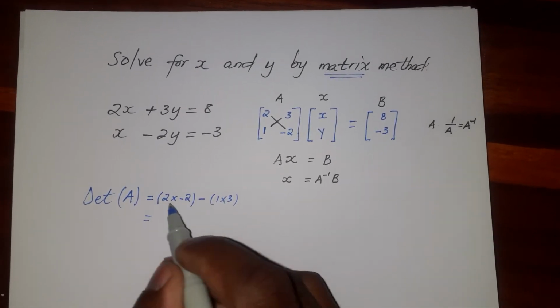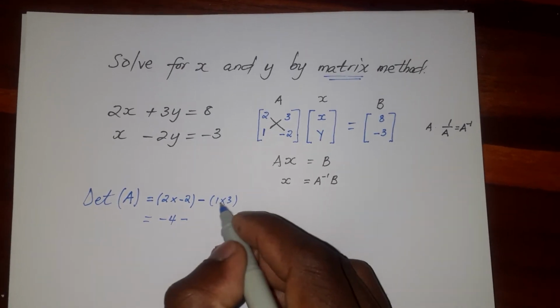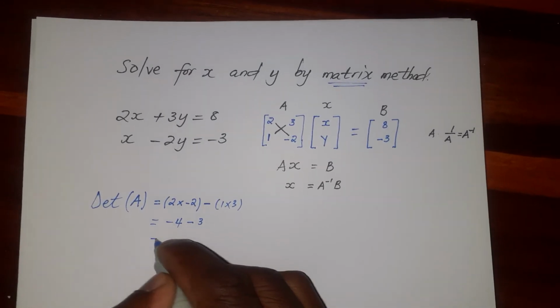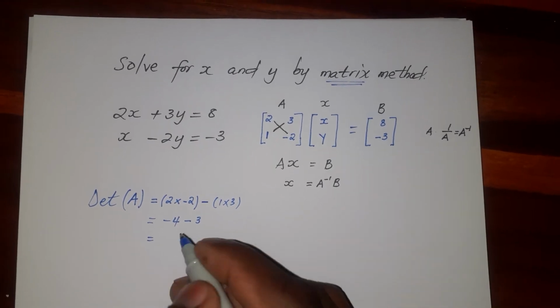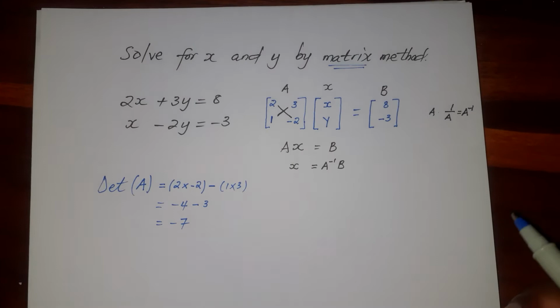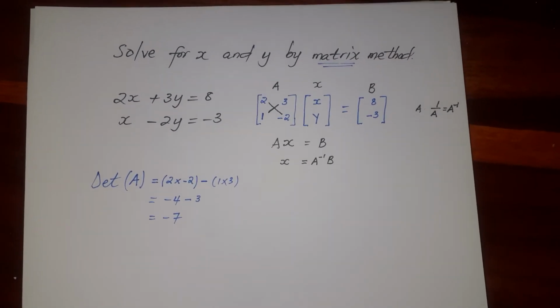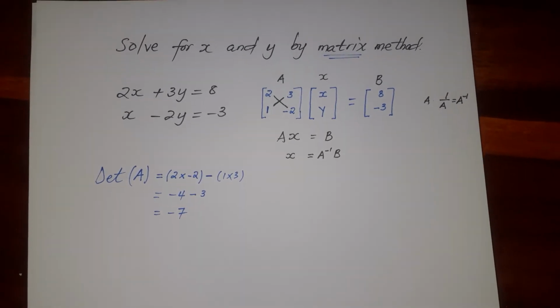Now simplify that. 2 times negative 2 is negative 4, minus 1 times 3 is 3. Minus 4 minus 3 is minus 7. Therefore, our determinant of A is negative 7.